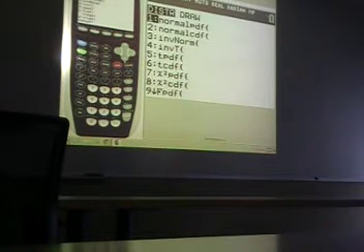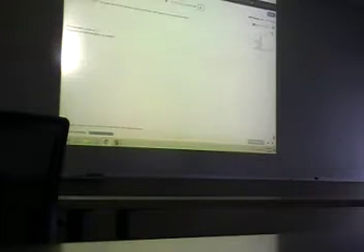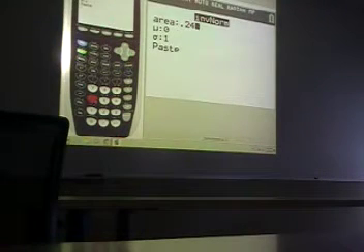Second vars, go down to inverse norm, and as long as the area is to the left, you can just type it in. This area is shading to the left, 0.2451. If they want a z-score, then that automatically means you have a standard normal where the mean is 0 and the standard deviation is 1.